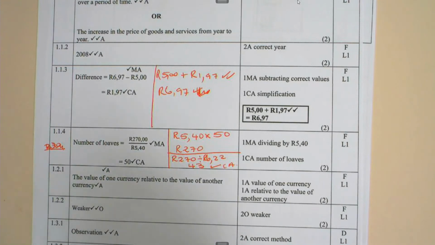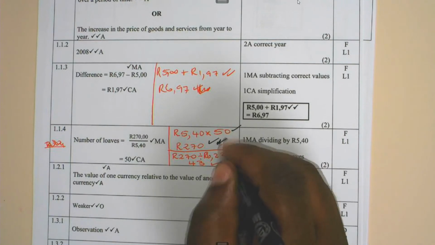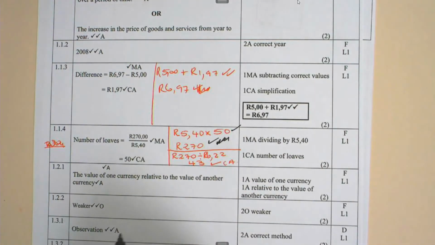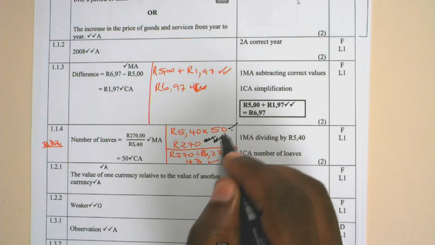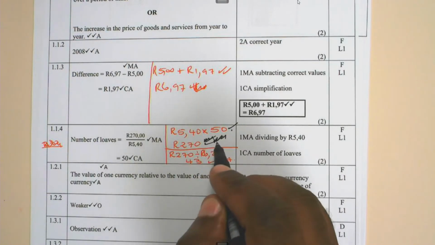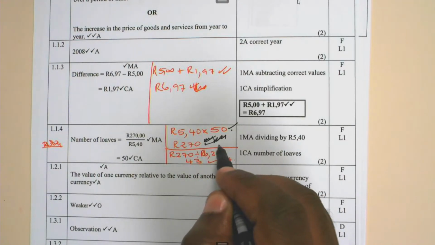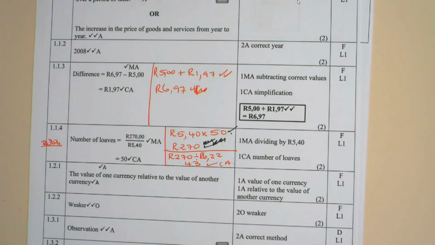You give full marks there, which is 2 marks. 1 mark for multiplying R5.40 by 50, and another mark for getting R270. They do the reverse calculation, so the learner will get full marks.